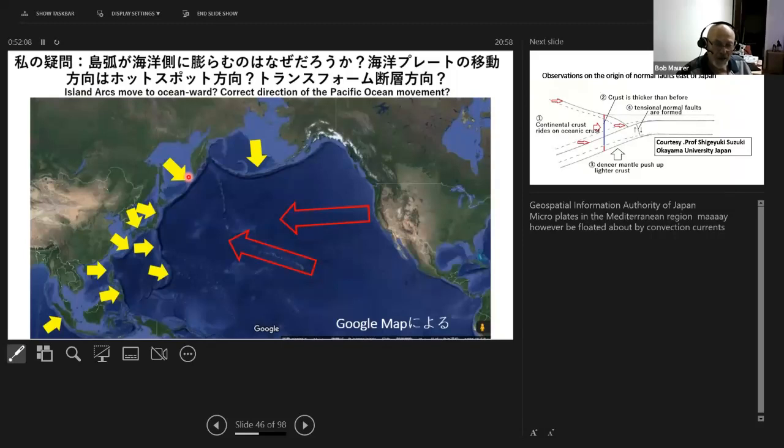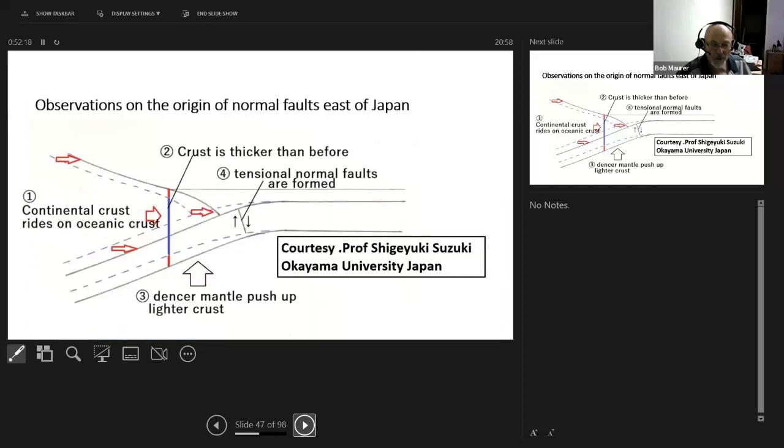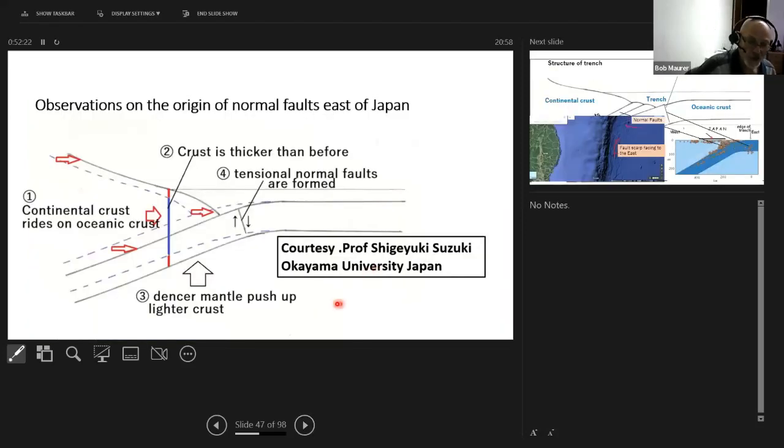If you look at the Philippines and the Japanese arcs, they're moving forward onto the oceanic crust, not being pulled up from underneath. And for that, he produced this diagram, which he's allowed me to reproduce for this talk. And there is his faulting, and the continental crust rides over the oceanic crust. This is an observation, a case point.